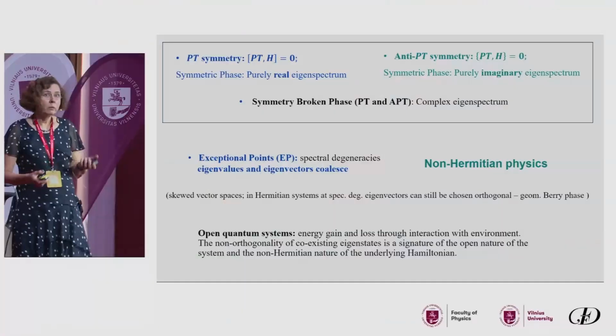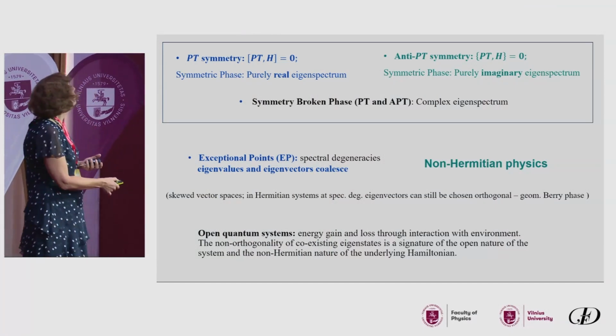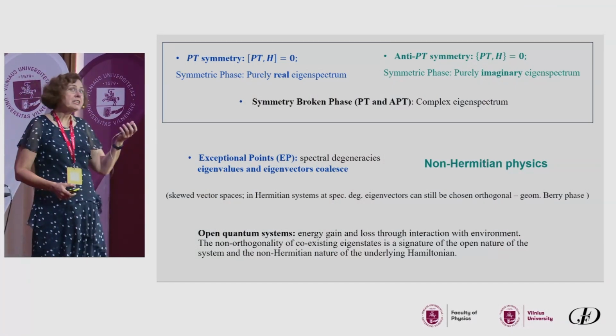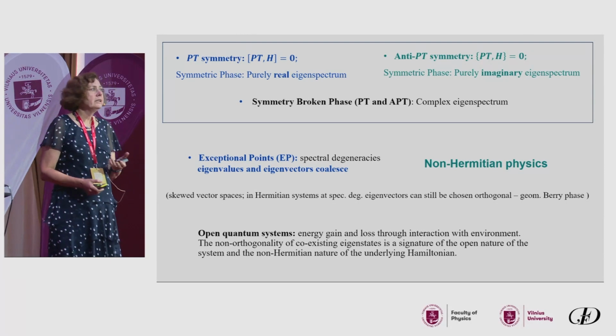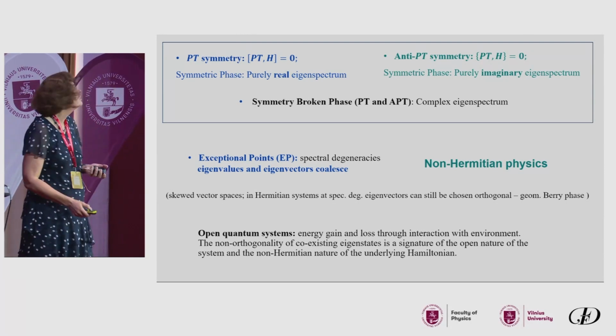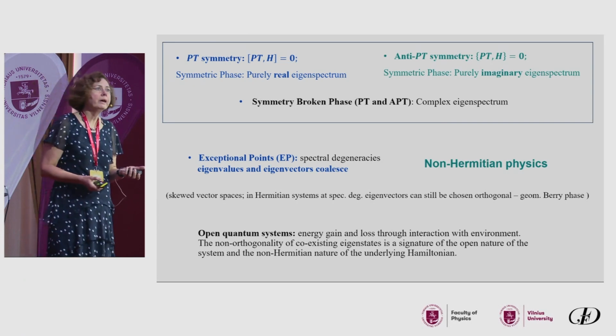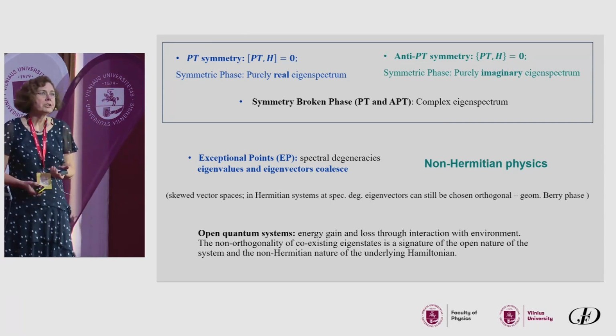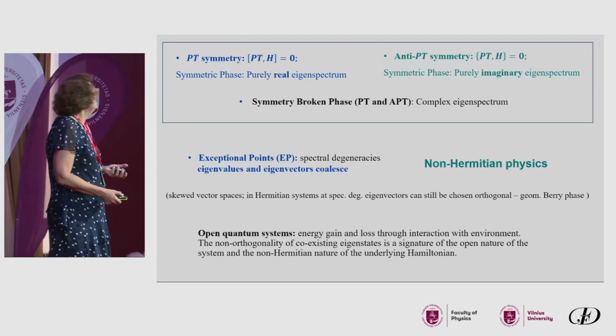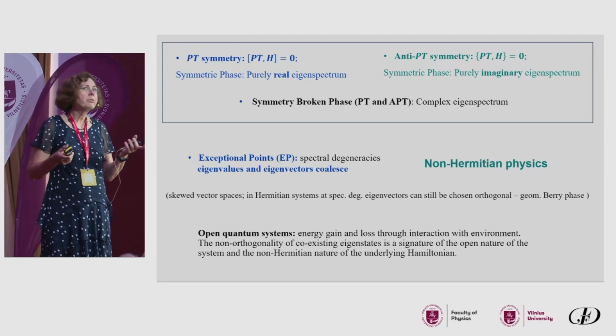So basically, we look at parity-time symmetry, and it exists in two incarnations. You can have PT symmetric systems, where the parity-time operation commutes with a Hamiltonian, and it has a very weird property.